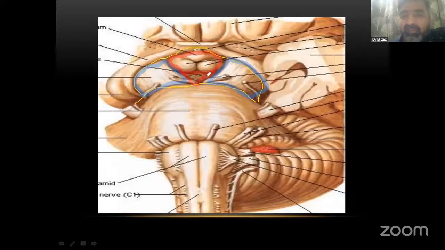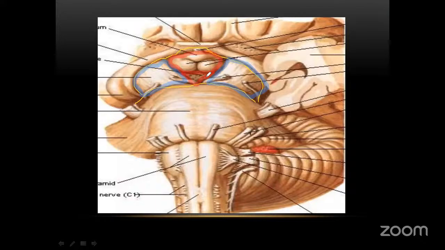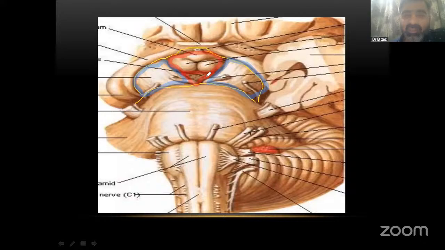So in between the two peduncles there is a fossa. Name it. The fossa in between these two peduncles is called the interpeduncular fossa. What is the importance of this fossa, the interpeduncular fossa? Yes, anyone?